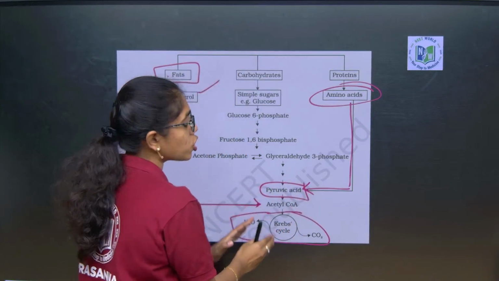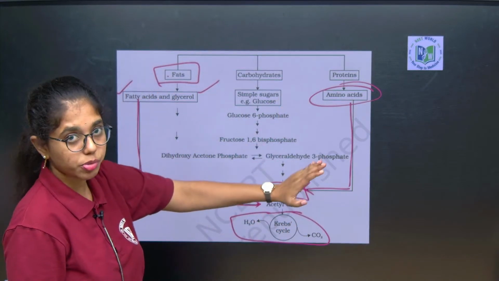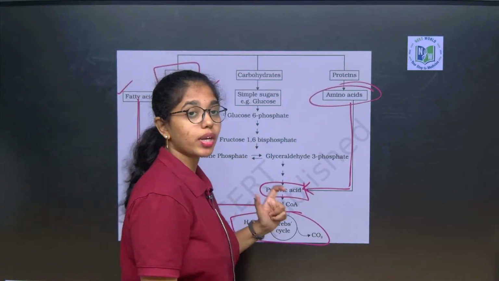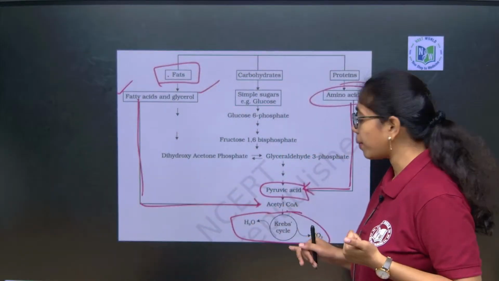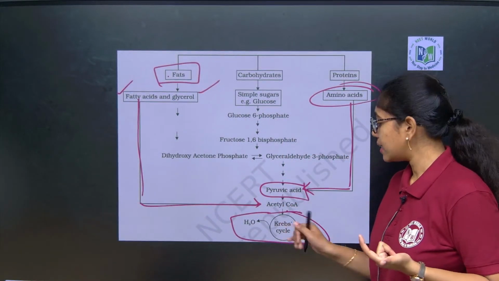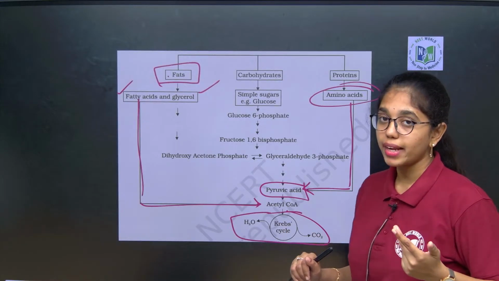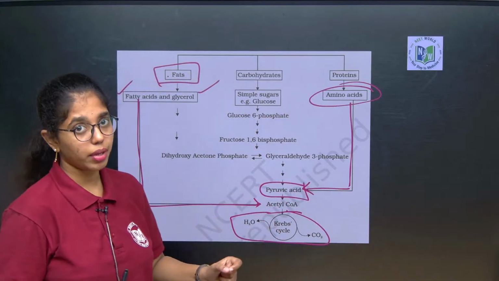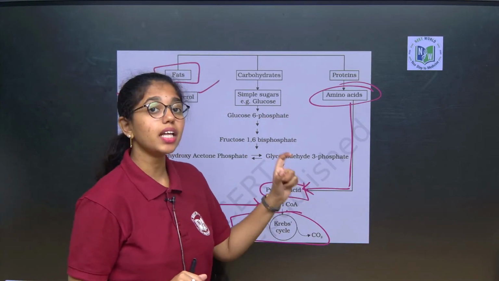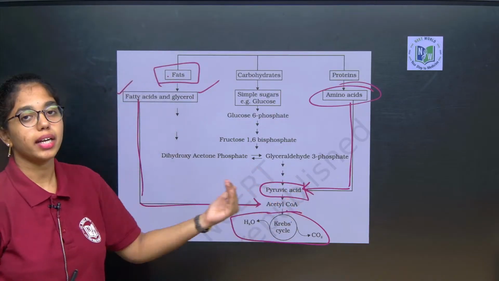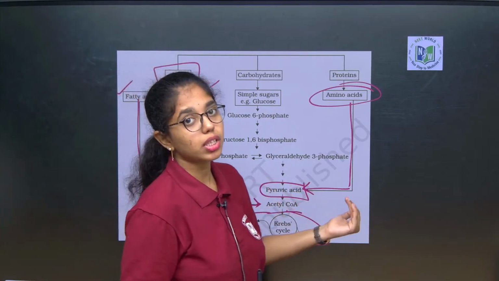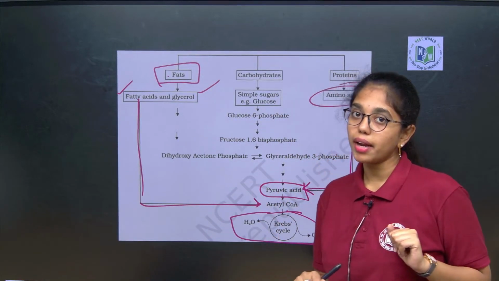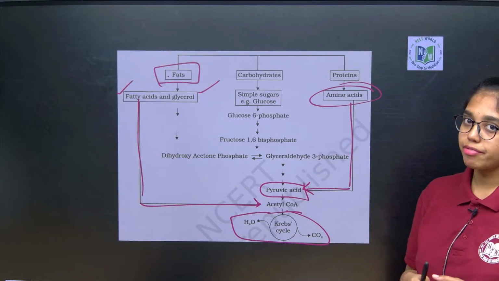So the Krebs cycle is the common pathway for all the respiratory substrates. And where do you see the anabolic processes? Acetyl CoA, succinyl CoA in the TCA cycle, alpha ketoglutaric acid, all these organic intermediates act as starting molecules for many biosynthetic processes, especially the biosynthesis of secondary metabolites. So, as both anabolism and catabolism are involved, we call it an amphibolic pathway.